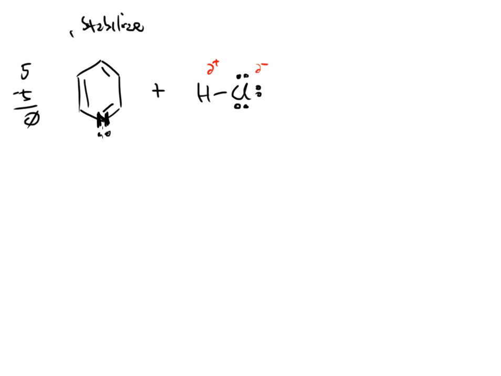Well, this nitrogen has a free set of electrons. That's a negative area. That negative area would love to go to this hydrogen and say, "Psst, hey, come on over. I know you're not happy in that HCl bond. I know that chlorine's not giving you what you need. But hey, if you come over my way, then maybe we can form a relationship here and we can make things work out.